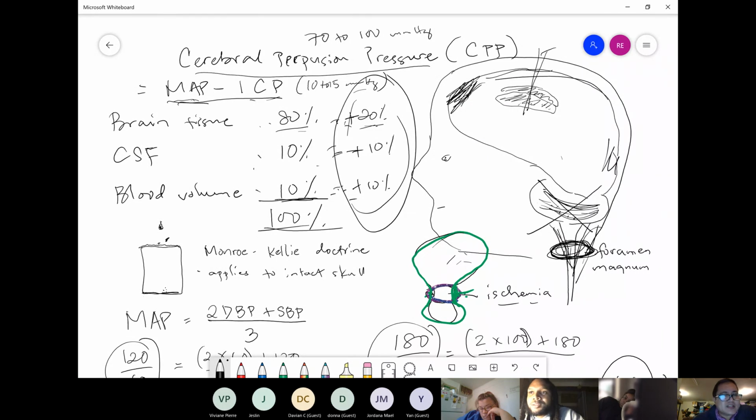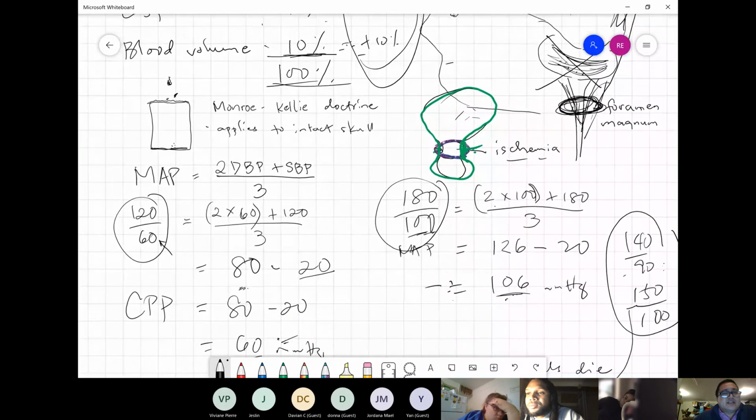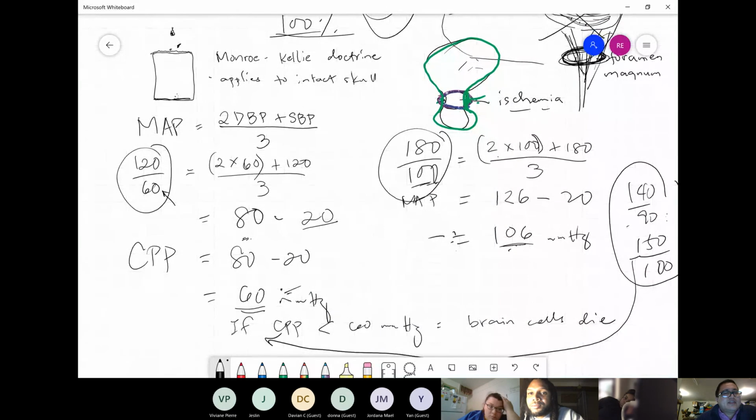Right now, what is the patient's current CPP? All you need again is the blood pressure and the ICP. If your answer is between 70 to 100, the patient's doing fine. However, if your blood pressure drops and your ICP increases, you can see clearly it has a devastating effect on your CPP.